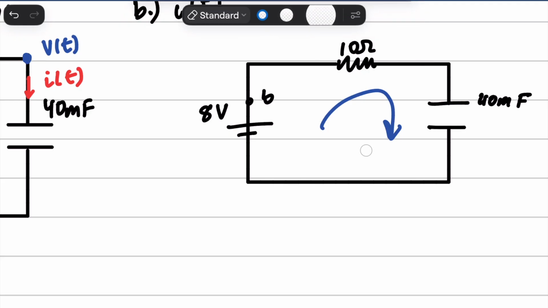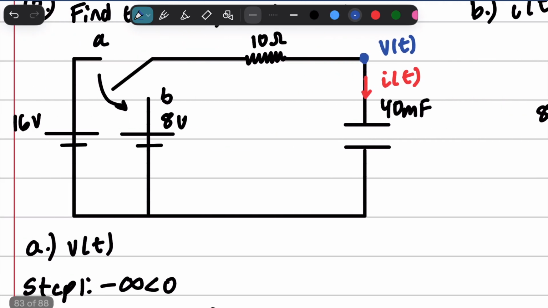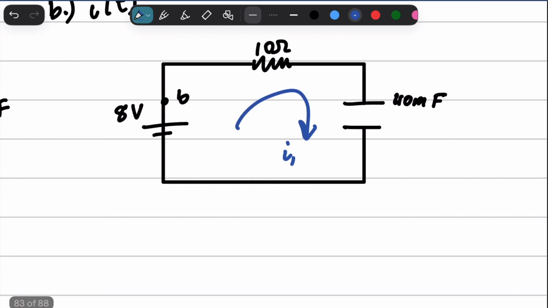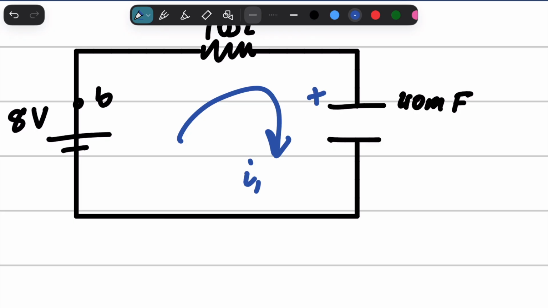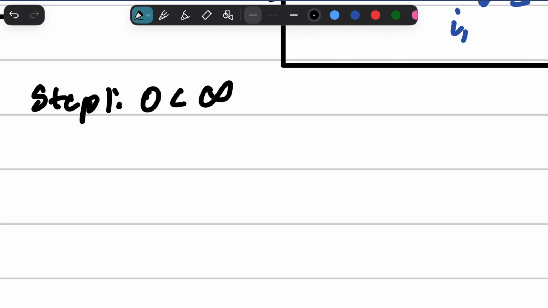So we're going to have I1 here, but remember, this is now a battery, and this was charged with a voltage difference of plus minus and plus minus, okay? So we're going to need our plus minus for our capacitor. And so we're going to go ahead and just kick it off with the infinity portion, the positive infinity portion.